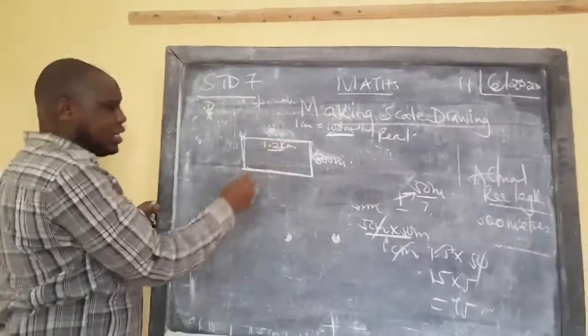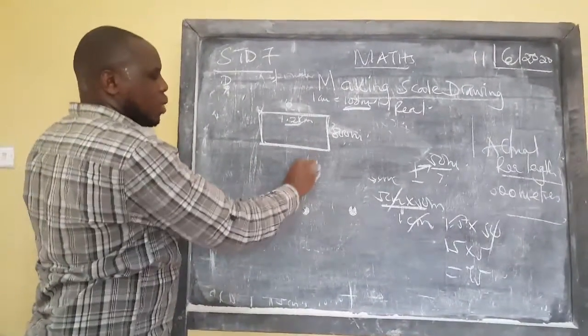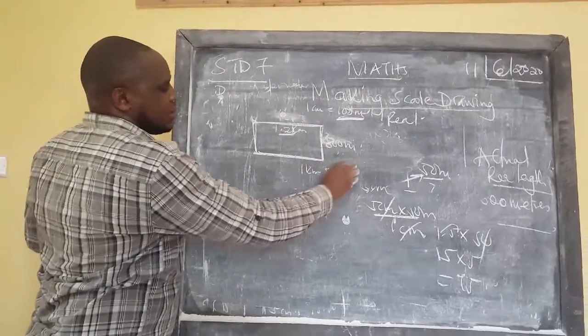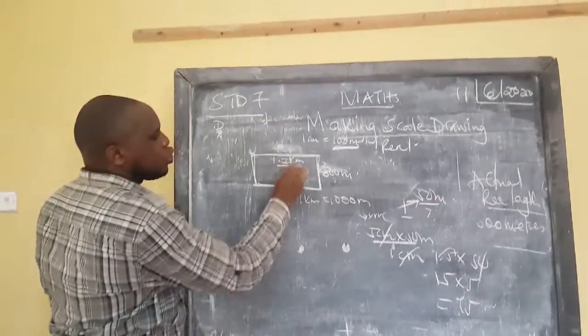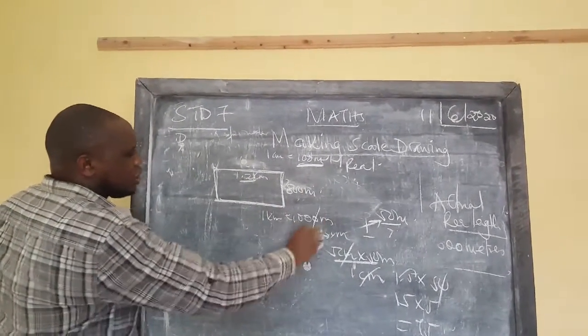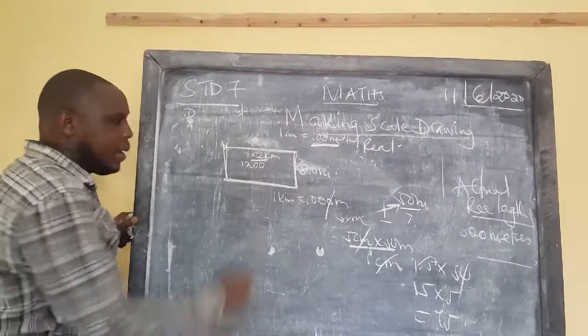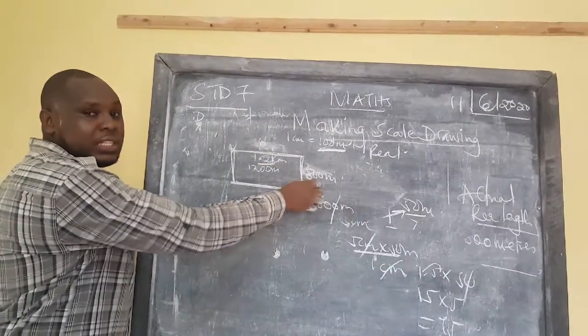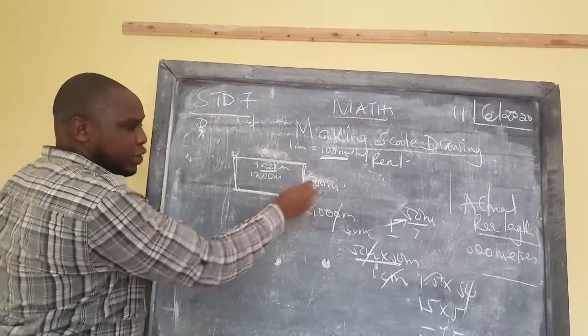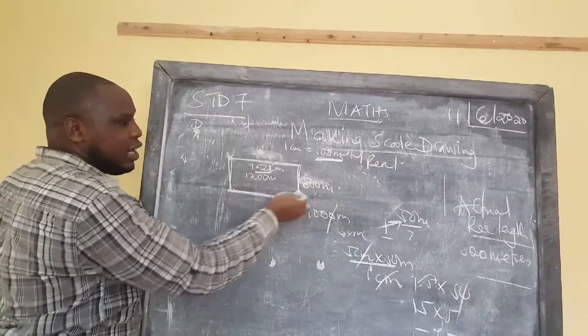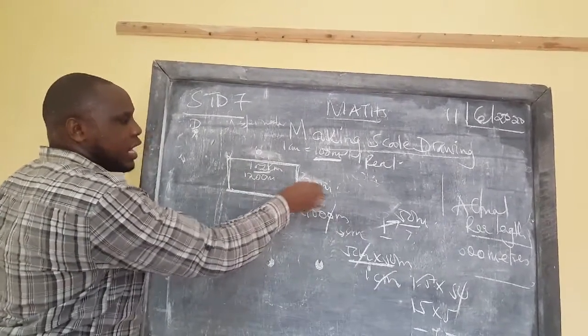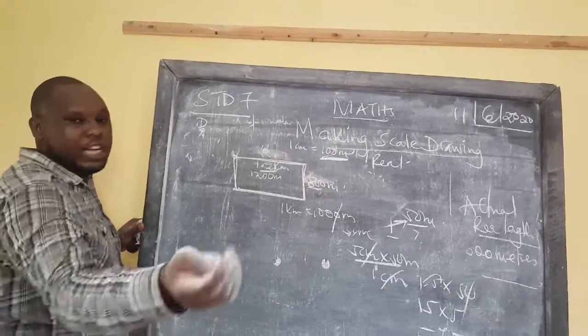I said 1 kilometer is 1,000 meters. What about 1.2? You just multiply this by 1,000. So this will become 1,200 meters. You don't need to change this, they are already in meters. So if you are not given the drawing length, you change these units into the scale. Then you divide. Very easy.